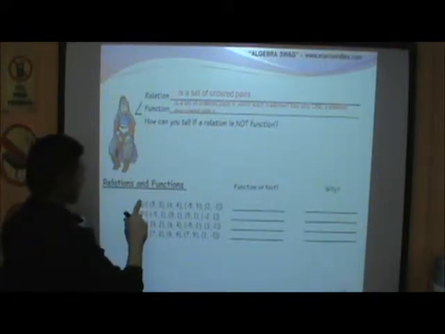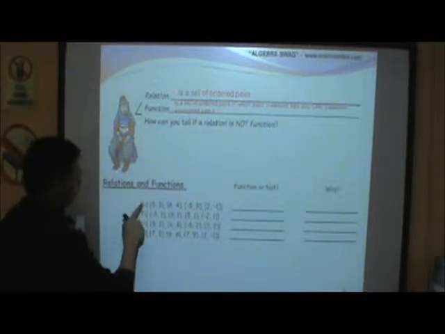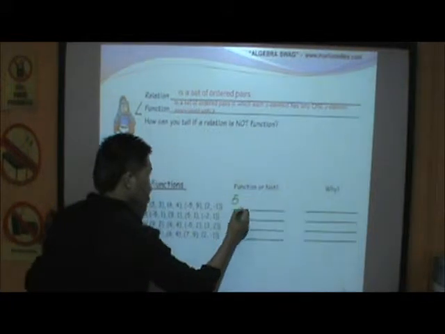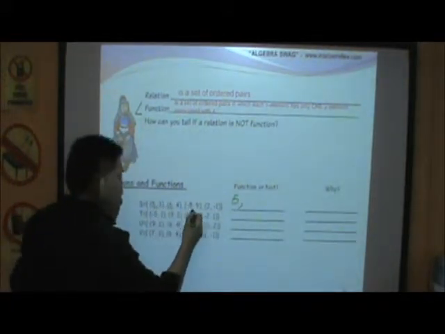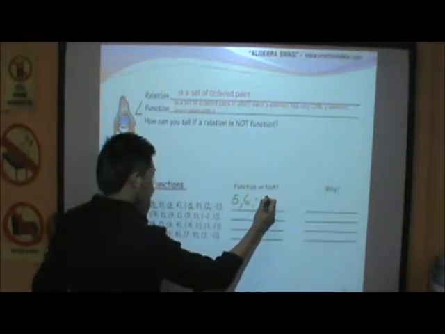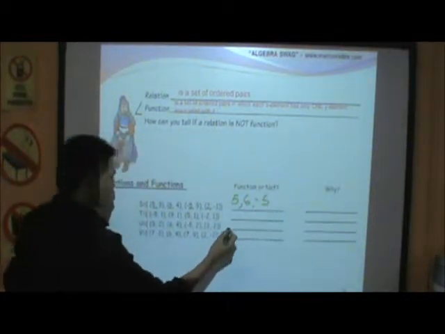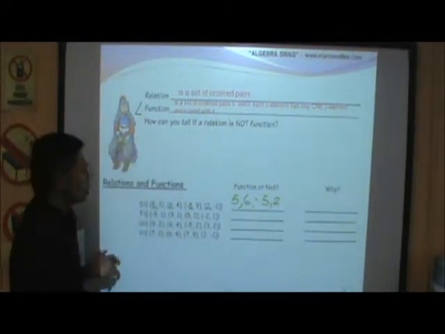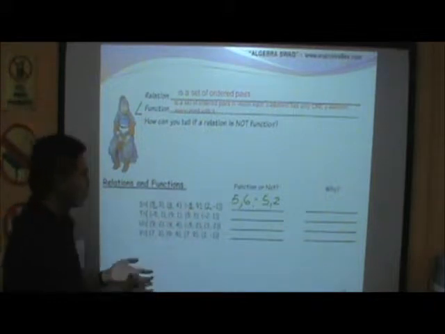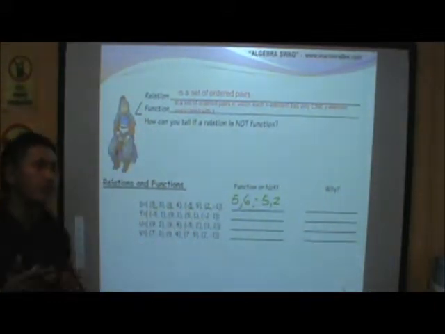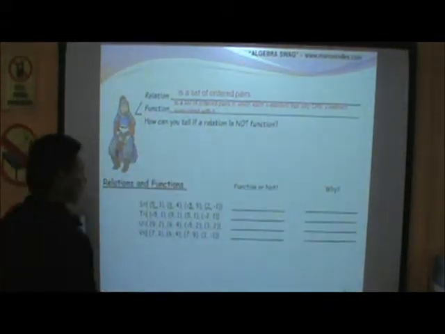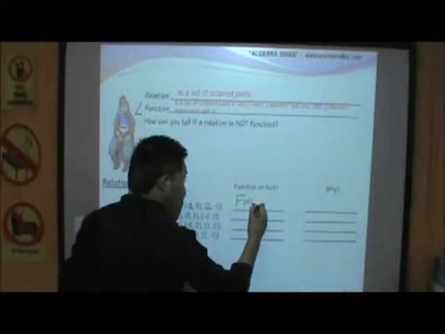For set S, the x values are 5, 6, -5, and 2. Because none of the domain is repeated, we can say it's a function.